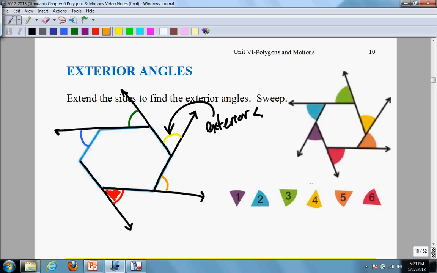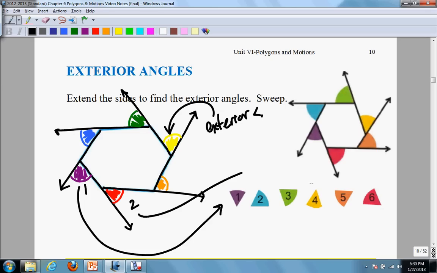Now, if you were to take those wedges and slice them up separately, excuse me, there's one more, sweep it, there's the purple one right here. There we go. So here would be wedge number 1, and of course 2, and the like, going all the way around, these slices come together to form a circle.